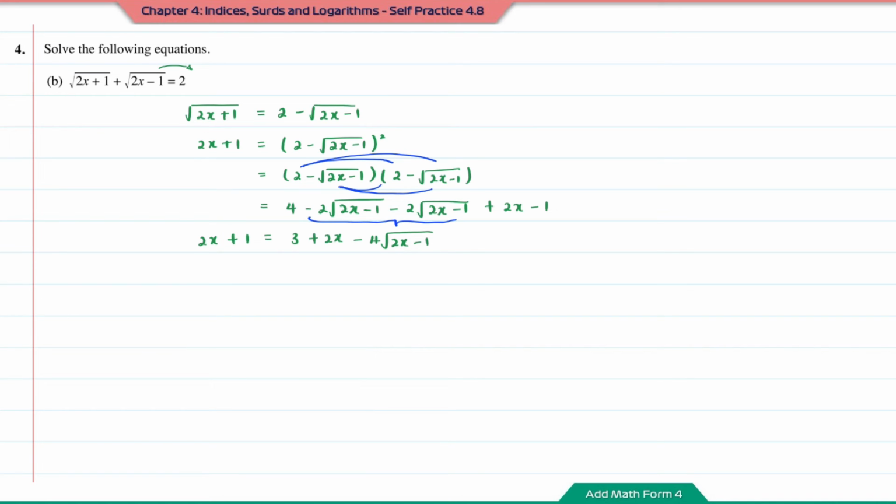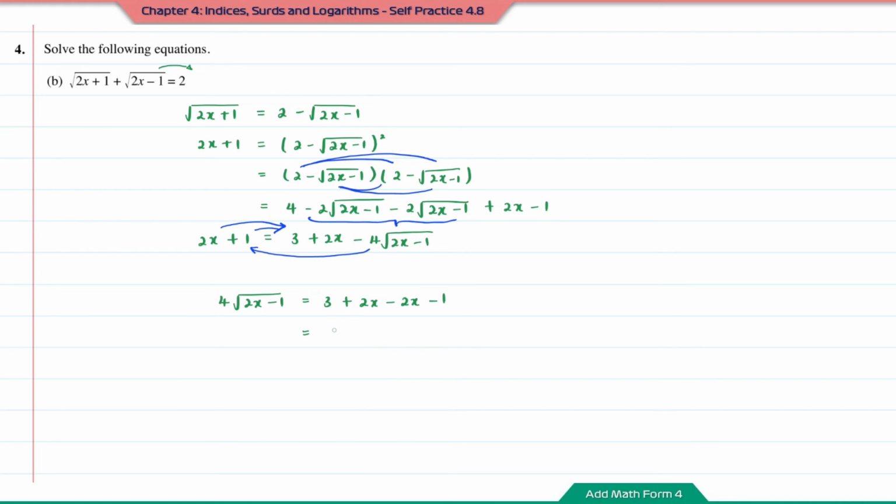So next, I'm going to move this negative 4 square root 2x minus 1 to the right hand side, and this 2x plus 1 to the left hand side. Therefore, you're going to get 4 square root 2x minus 1 equal to 3 plus 2x minus 2x minus 1.